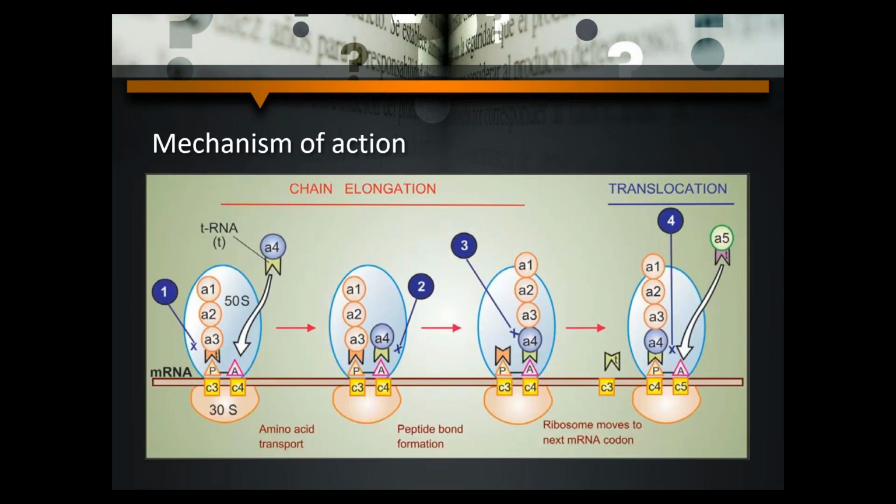Coming to the mechanism of action, you know that this is protein synthesis, right? There is initiation, chain elongation, and the last one is translocation. If you see in the first picture, this is the 30S ribosome.